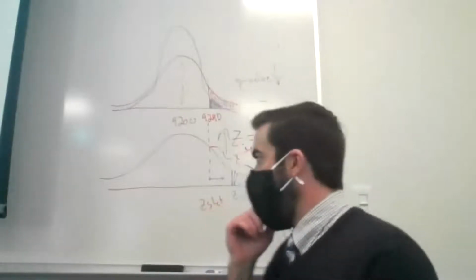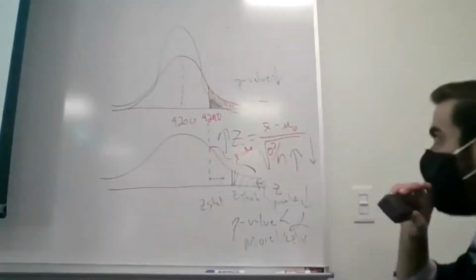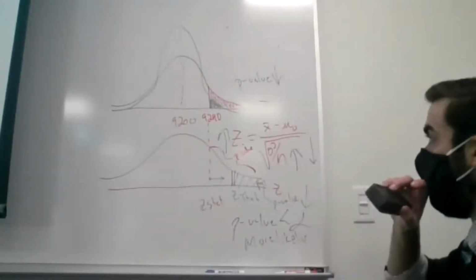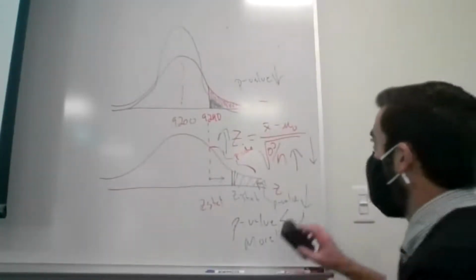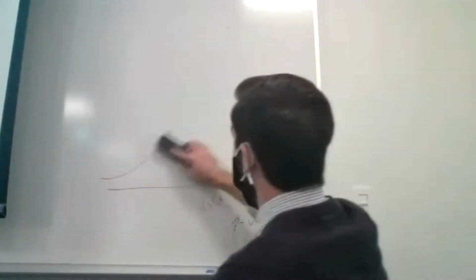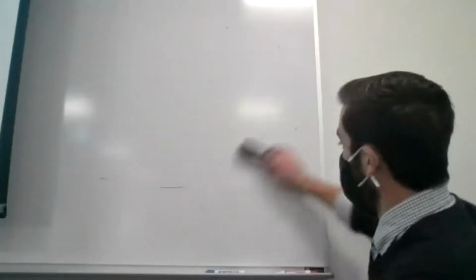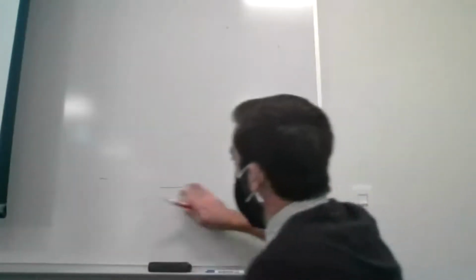Okay, pretty good. I wanted to give you a good visual of something that might seem kind of weird, but connects this to what we were doing with confidence intervals. If we have a two-tailed test, our confidence intervals and our hypothesis testing are going to be similar. Let's use the same example here.